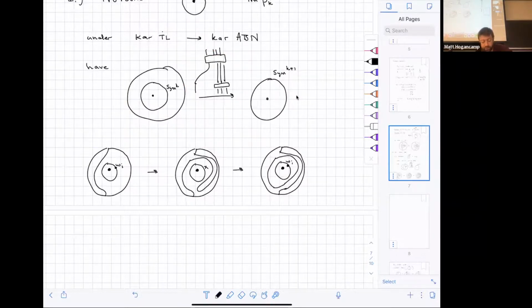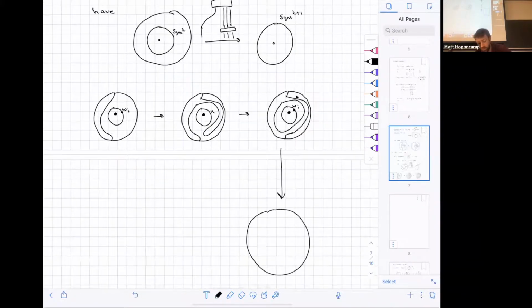All these maps assemble to a map from omega I with a circle to omega I plus 1.